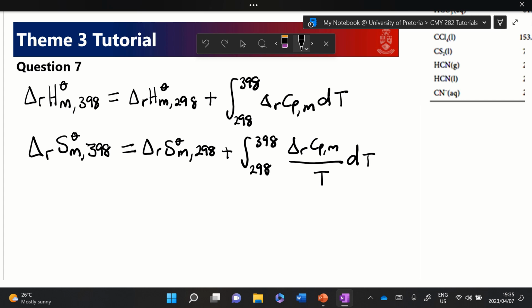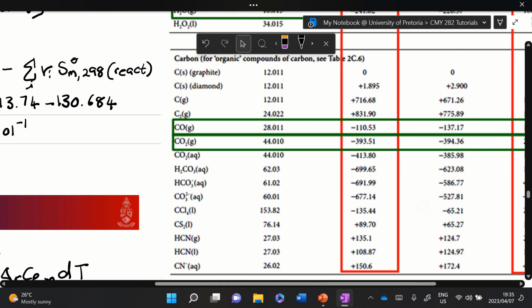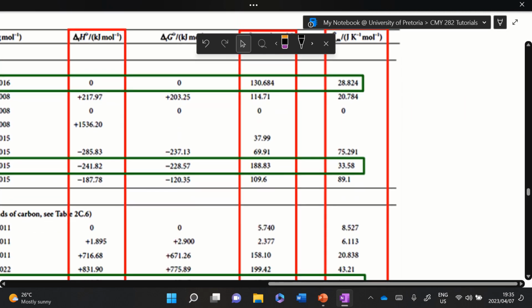Okay, so we first need to calculate the heat capacity for the reaction. So again, we go back to our table, which is this final column, the heat capacities.